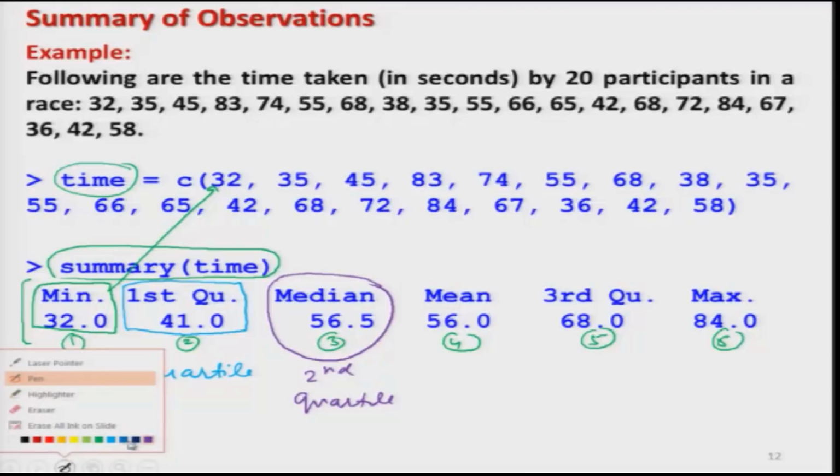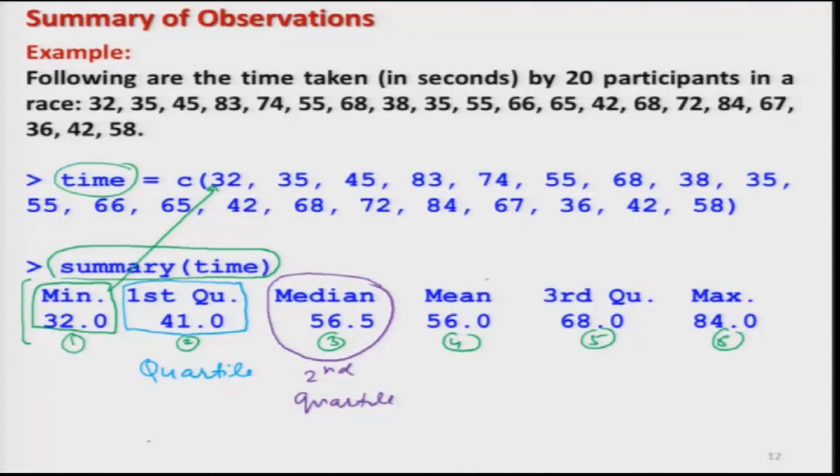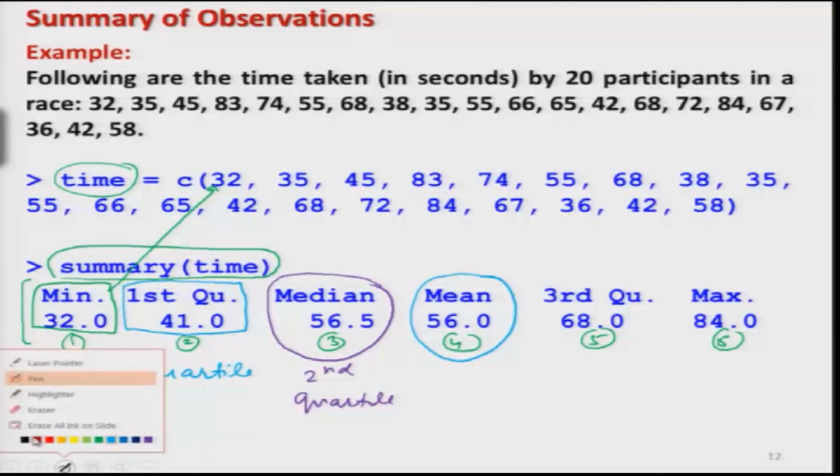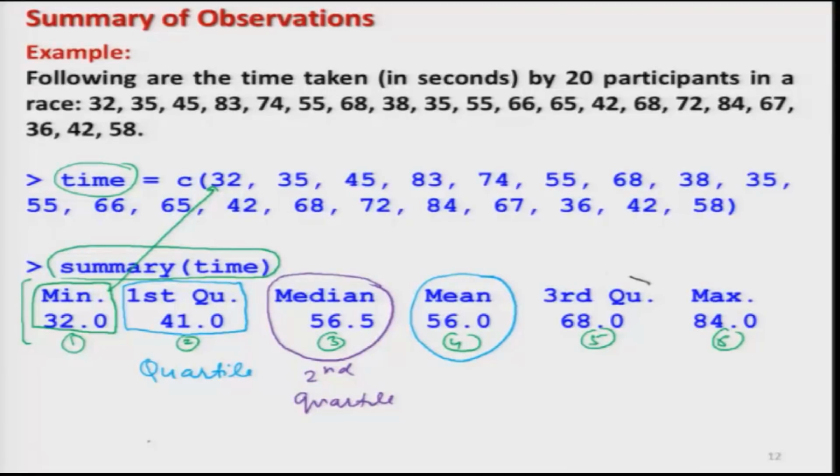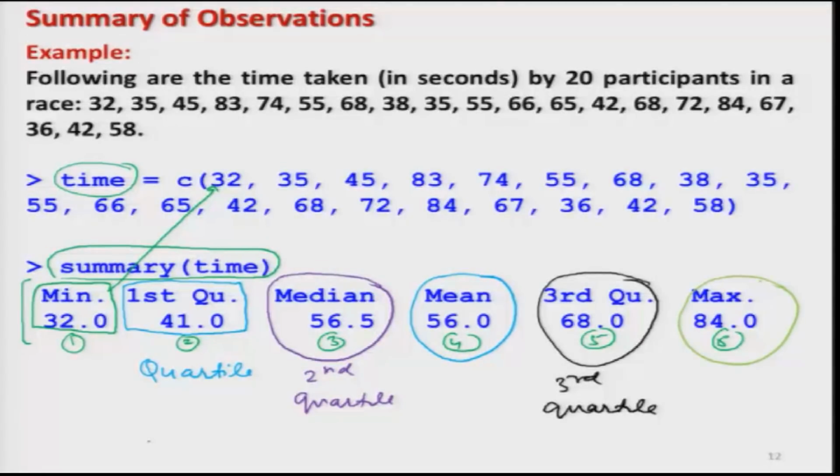Third value is here the mean, that is the arithmetic mean. Similarly, fourth value is the value of the third quartile, and the fourth and the last one, the sixth one is the maximum value of these observations, which is here 84.